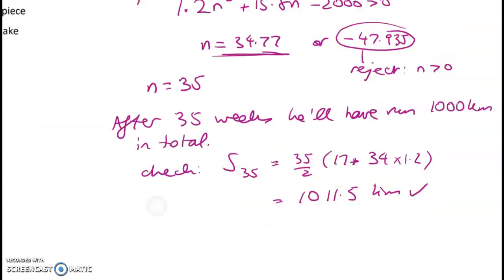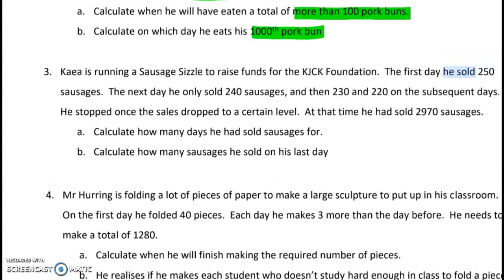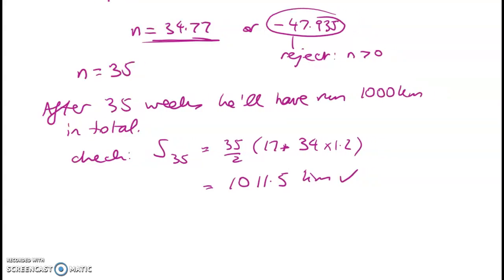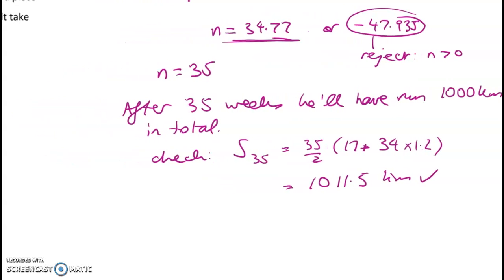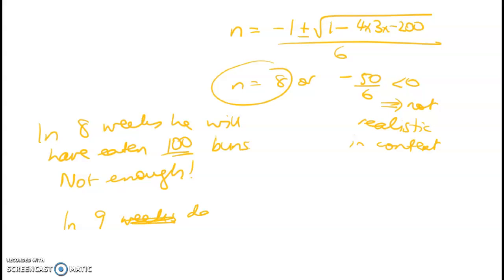Let me just check if I've got that right. I think it's days. Yep, it's days. It's not weeks. Okay, forget about it being weeks. He's really cranking up the pork bun eating. In 9 days, he'll have had 100. More than 100.